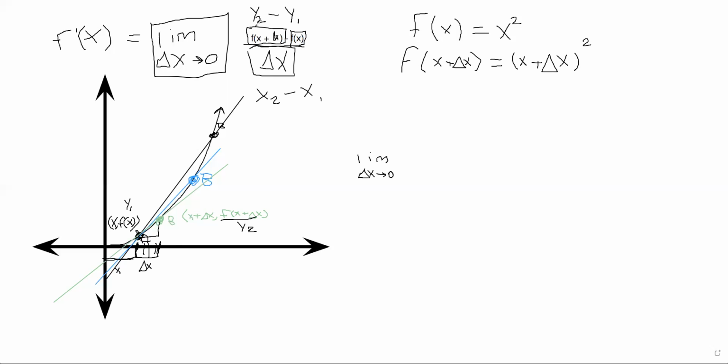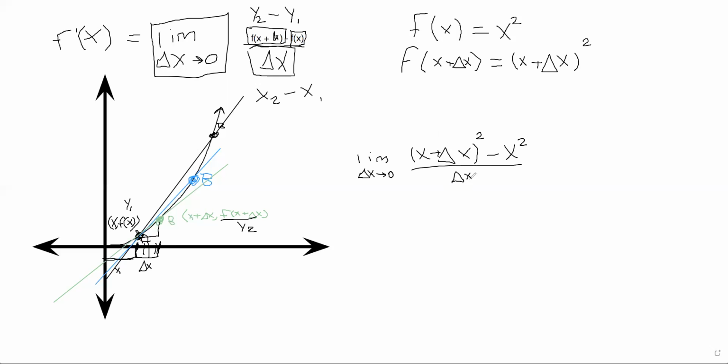So let's plug everything in. We're going to have f of x plus delta x, which conveniently enough we already know is x plus delta x squared, minus f of x, and we know f of x is just x squared, so we're going to subtract x squared. We're going to put all of that over delta x.